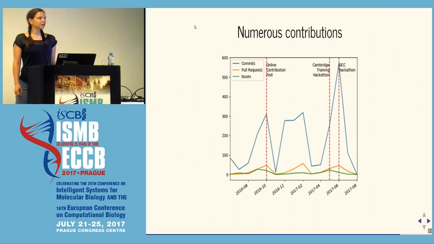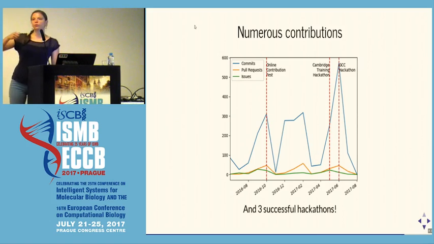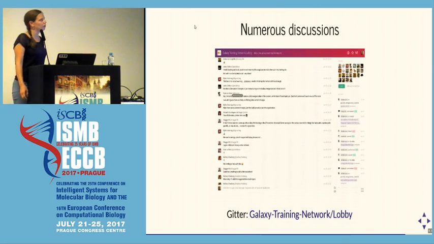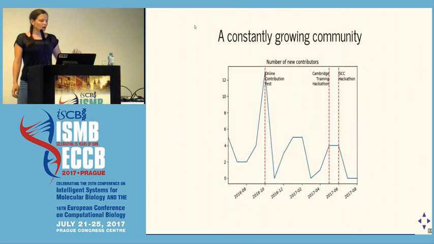And during the last community conference, we also organized a hackathon. These were three successful hackathons in terms of contributions, but also the number of discussions, pull requests, and issues, and the discussion on the GitHub channels was really interesting too. The community is constantly growing. Here is the number of new contributors every month.